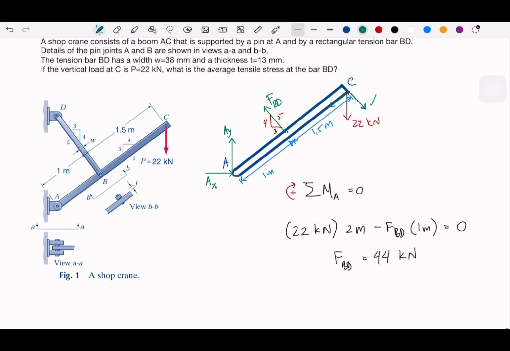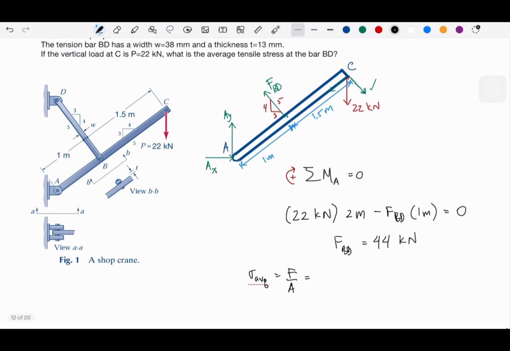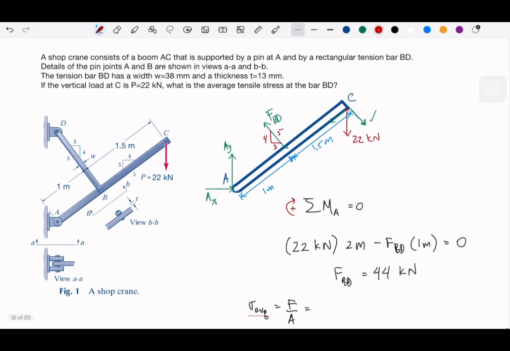Okay. Let's see what else. What is the question? I forgot. The tensile stress. So tensile stress by definition is just F over A, and we have F as the FBD. And then the area depends on the width and thickness here, right?